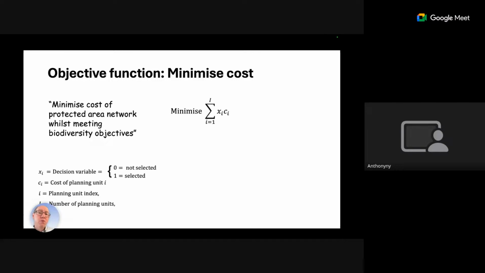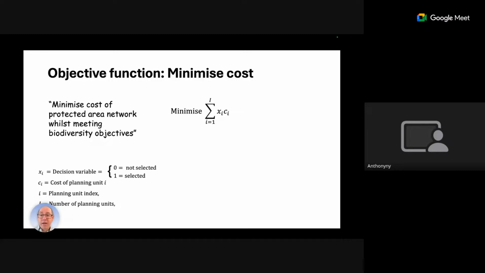So the way that we do that is we have an objective function here, where x_i is a decision variable, which can be 0 or 1: 1 is if it's in the protected area network, 0 is if it's not. C is the cost, i is all the different planning units, and we sum that, and we try and minimize that cost.